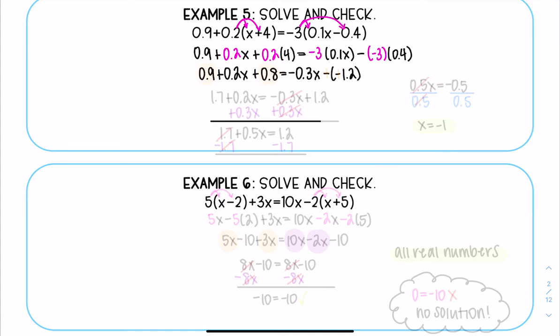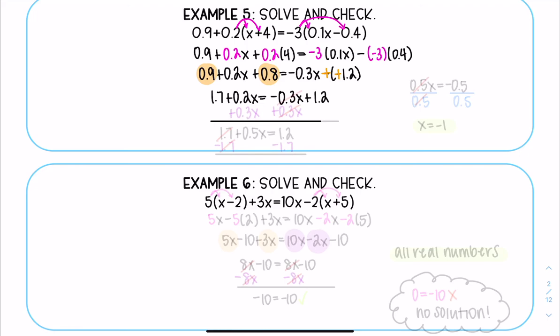And so we actually end up having a double negative on the right hand side. And so let's go ahead and combine like terms on the left hand side. We've got 0.9 and 0.8, which gives me 1.7 plus 0.2x equals negative 0.3x plus 1.2.